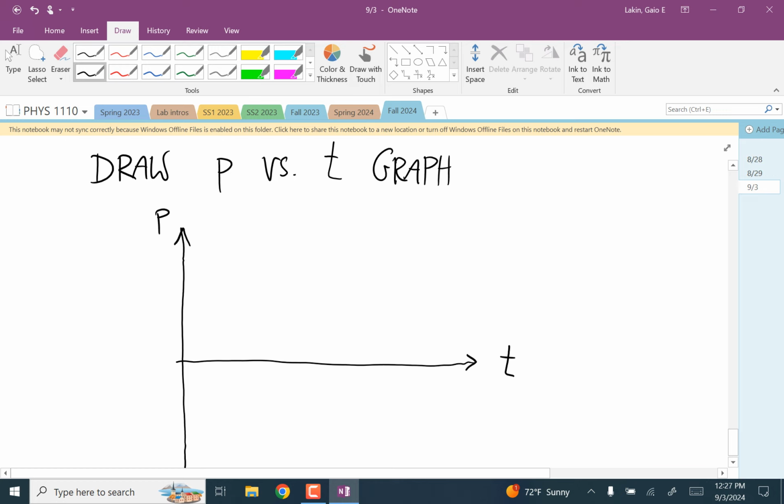Remember, in math, when you talked about functions, you always put the independent variable on the horizontal axis and the dependent variable, like, for example, you would put x on the x-axis and then your function value f or y on the y-axis. And that's what's going on here. The position of an object is a function of time. You can't ever have two different positions of the same object at the same time, okay?